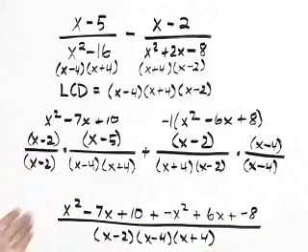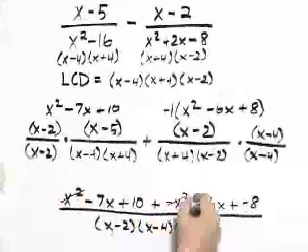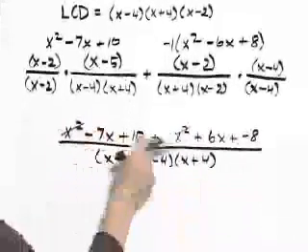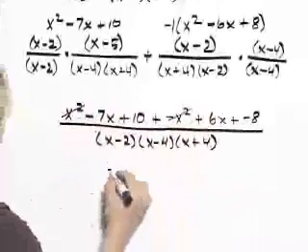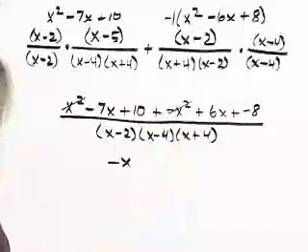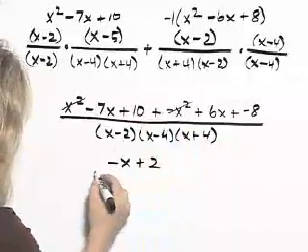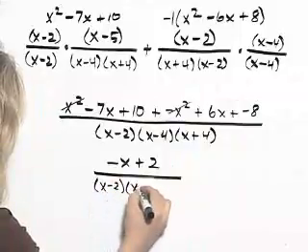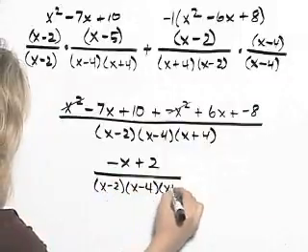And then I can simplify. X squared plus negative x squared is 0, so I'll just cancel those out. Negative 7x plus 6x is negative x, and 10 plus negative 8 is plus 2. So we'll have negative x plus 2 over x minus 2 times x minus 4 times x plus 4.